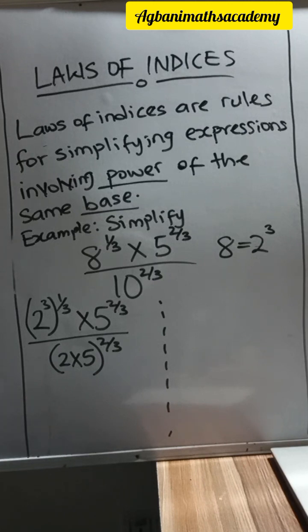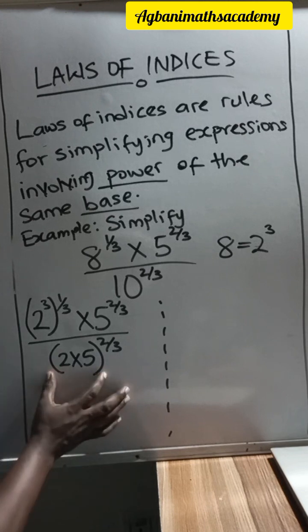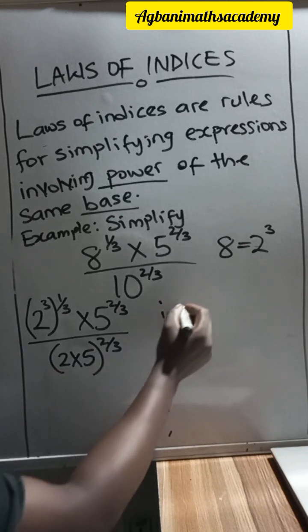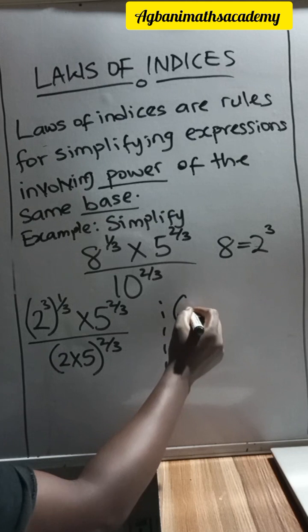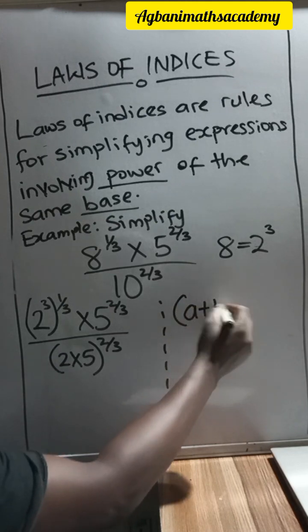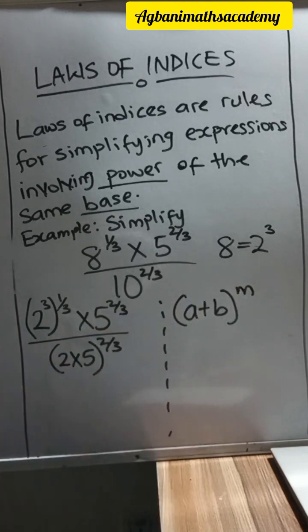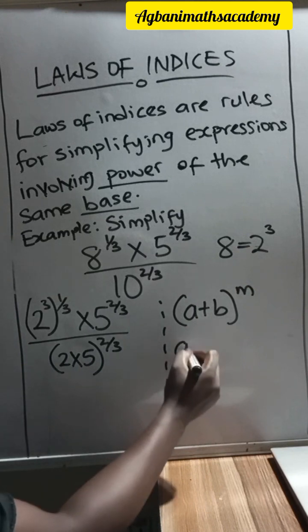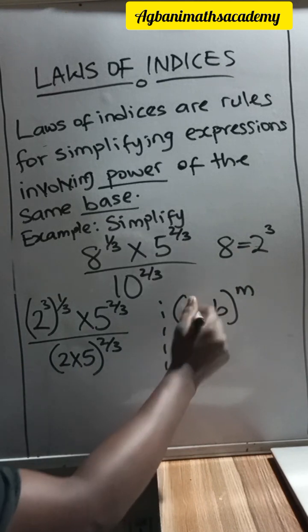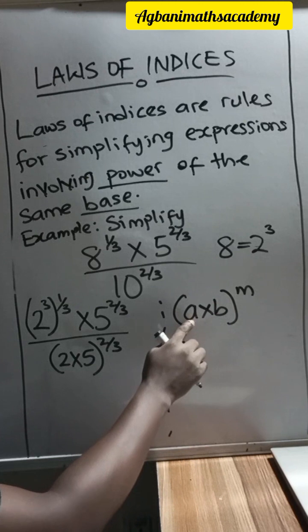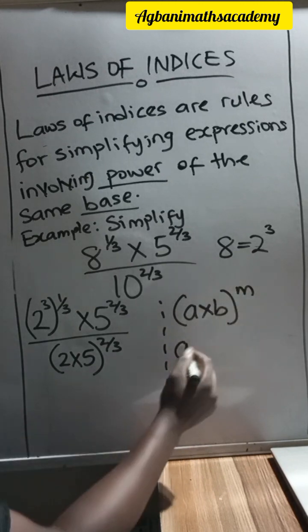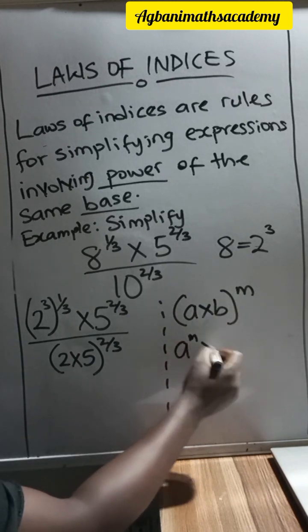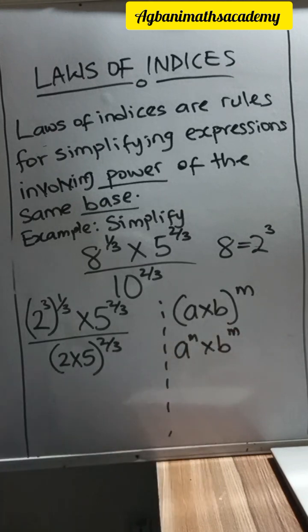Good. Next, we are going to separate this. If you have something like a times b to the power of n, this is the same thing as a to the power of n times b to the power of n.